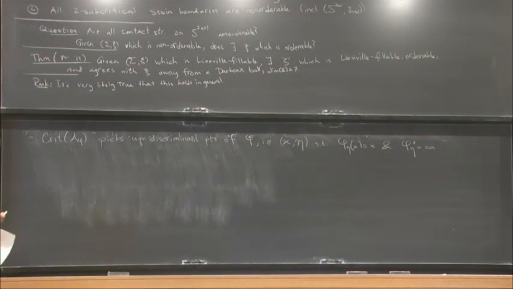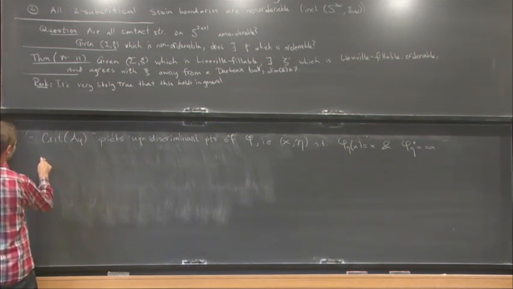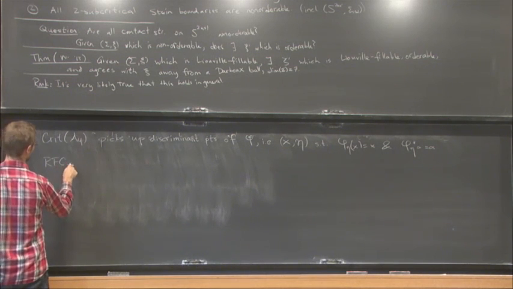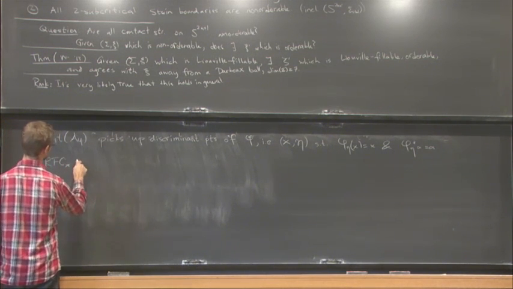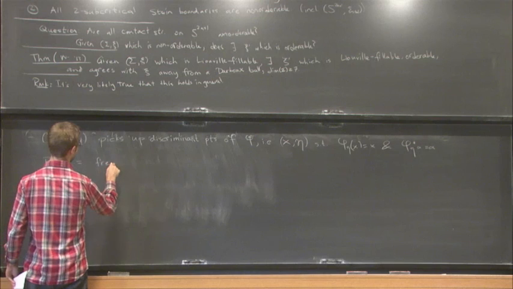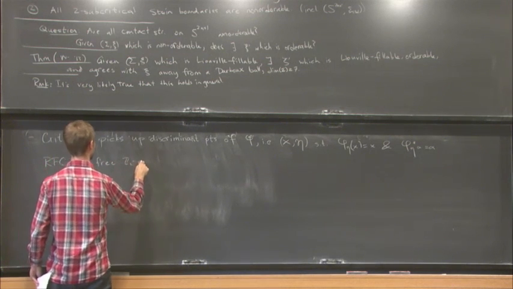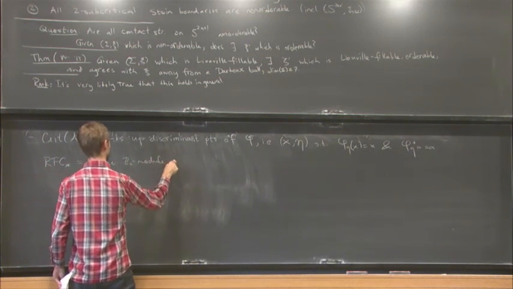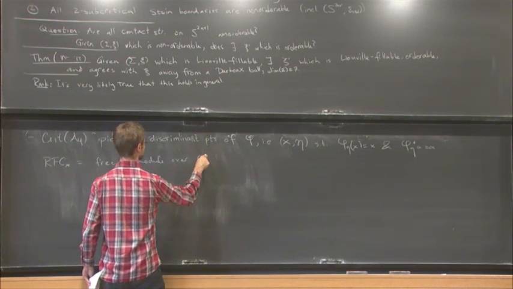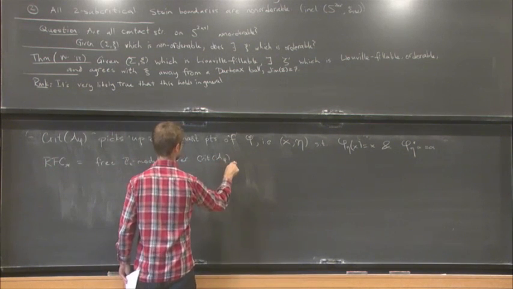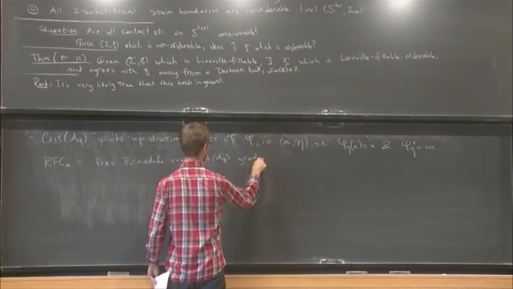So we're going to do the usual thing at this point. So we build the Rabinowitz Floer chain complex. So this is equal to the free Z2 module over the critical set graded by the Conley-Zender index.